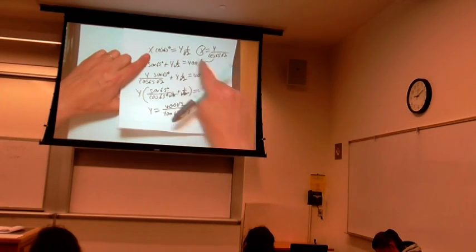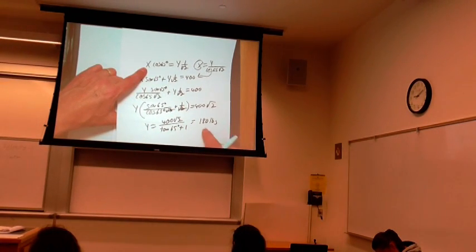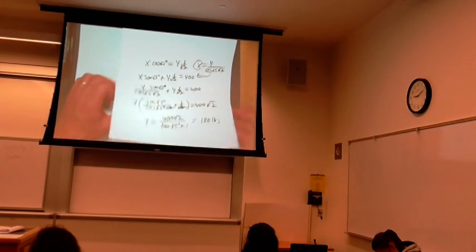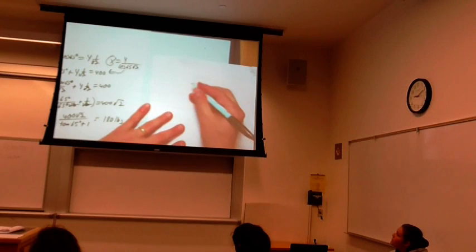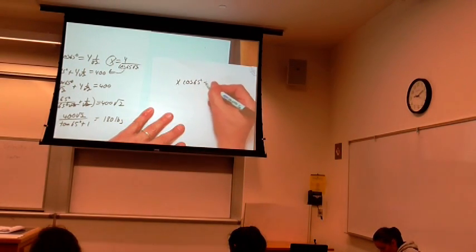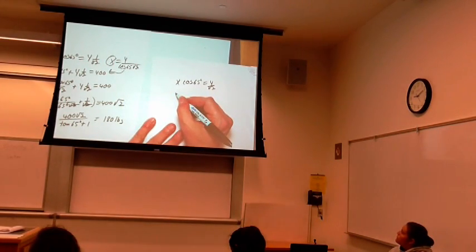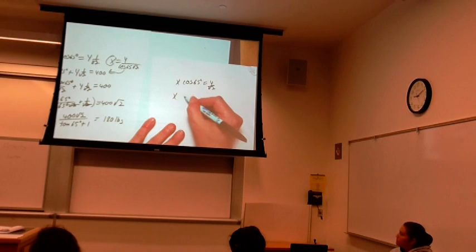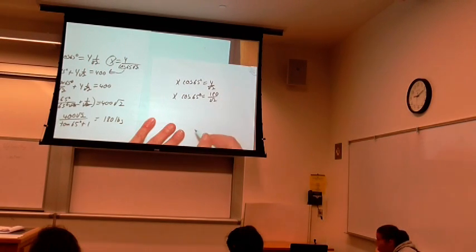I want to go back to my other equation now. Let me copy that equation over here. My first equation was x cosine 65 degrees equals y over the square root of 2. And now I know my y. My y is 180 over the square root of 2.